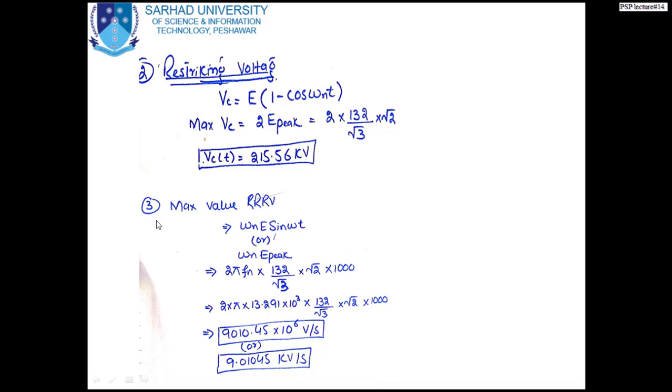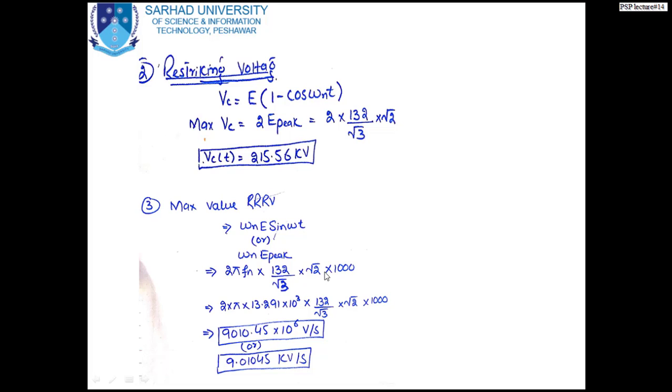Now the maximum value of RRRV, the rate of rise of restriking voltage. From the derivation we came to the conclusion that it should be equal to omega n E sine omega n t, and this is the peak value. Therefore we have 2 pi fn, which stands for omega n, and E peak is equal to 132 divided by root 3 into root 2 multiplied by 1000.